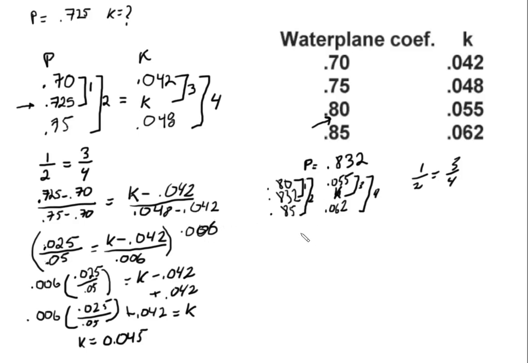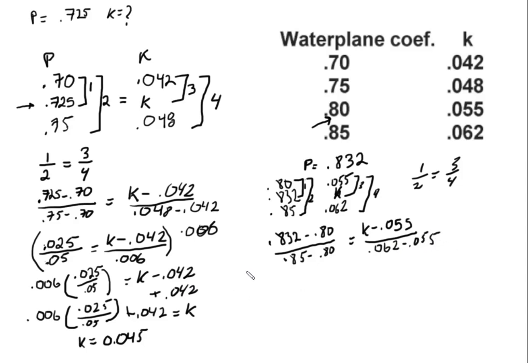Now I'm going to do 0.832 minus 0.80, divided by 0.85 minus 0.80, equals K minus 0.055, divided by 0.062 minus 0.055.